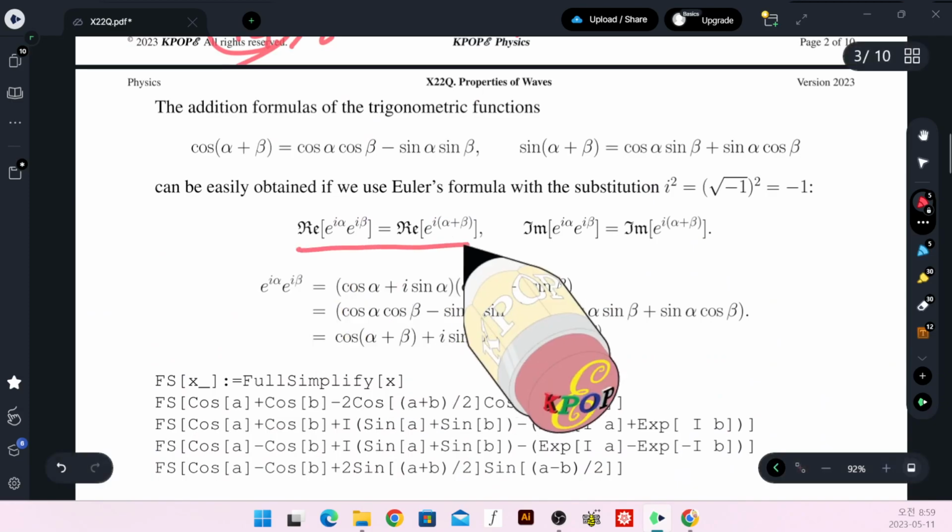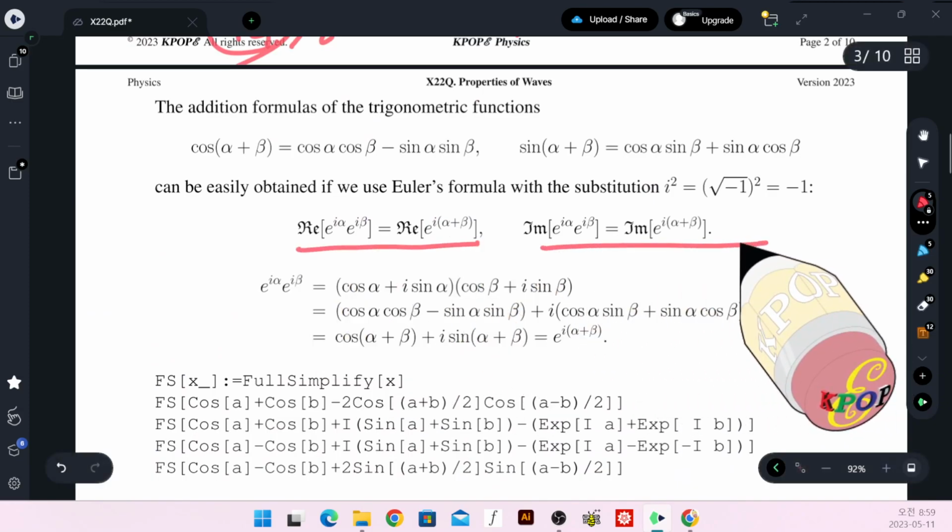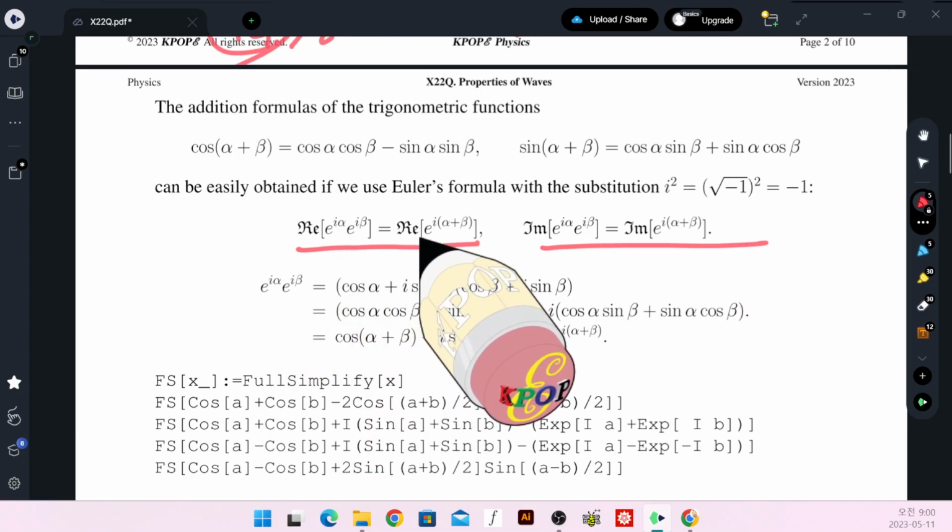And find out the real part and imaginary part. Because any complex number is identical to another one if and only if both the real part and imaginary part are the same, respectively. Therefore, this method applies here.